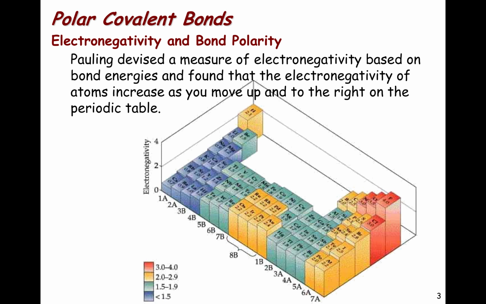Shown here are the electronegativities of the elements in the periodic table, showing the overall trends. You can see that the highest electronegativity values are for the nonmetals in the top right-hand corner of the periodic table, and down in the lower left-hand corner are the lowest electronegativity values.